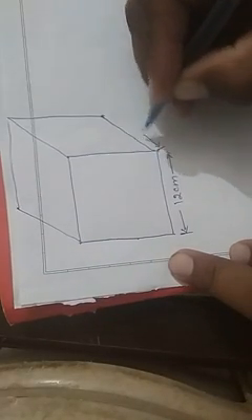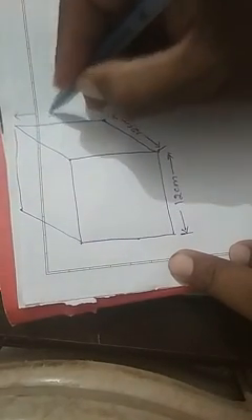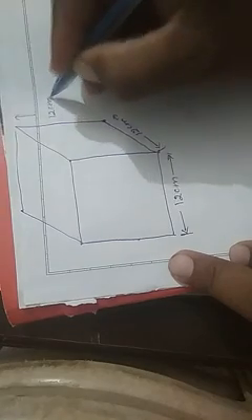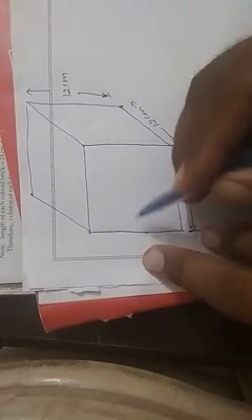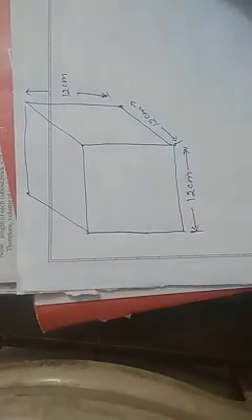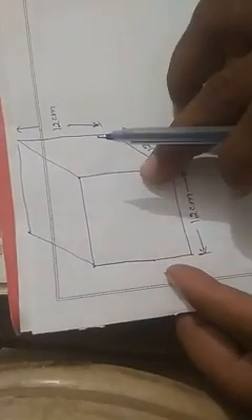We know that all the sides of a cube are equal, so this one is also 12 centimeter and the height is 12 centimeter. All our sides are equal. Then this cube is divided into equal parts. We know that the volume of the smaller cubes together is equal to the volume of this cube.